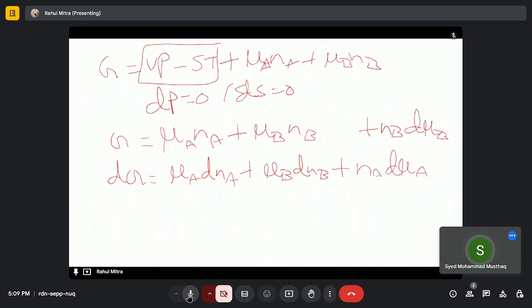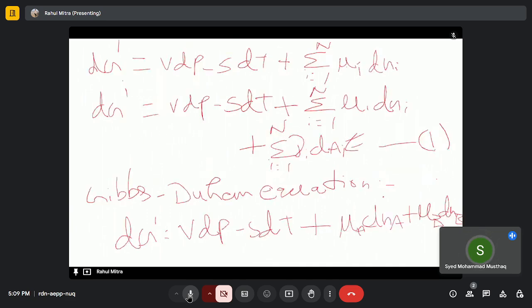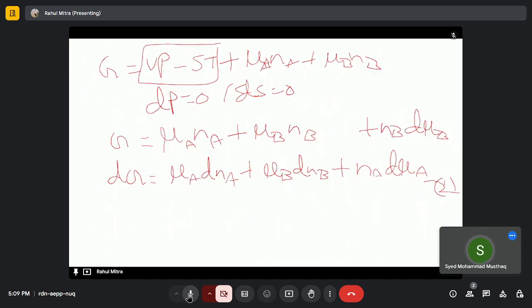This is what it is. Now comparing equation 1 with equation 2 with equation 3, this term is equal to these two terms.